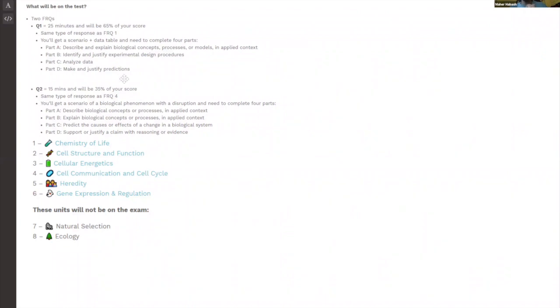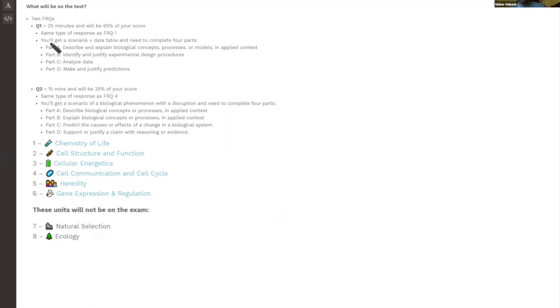All right. Well, this test is going to be way different than any other test you have ever had. You're going to only have 45 minutes, and it's only going to be 2 FRQs. The first one is 65% of your score. And I have an example of what it's going to look like. Same thing as the first one we're about to take a look at.